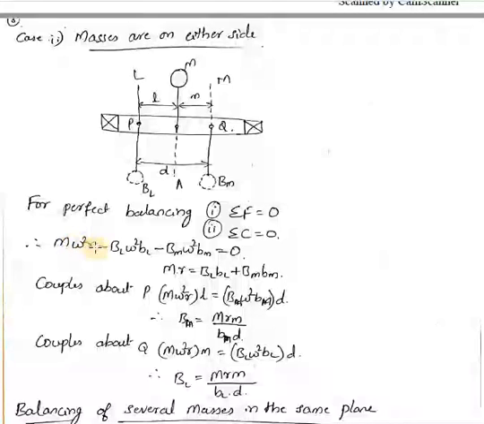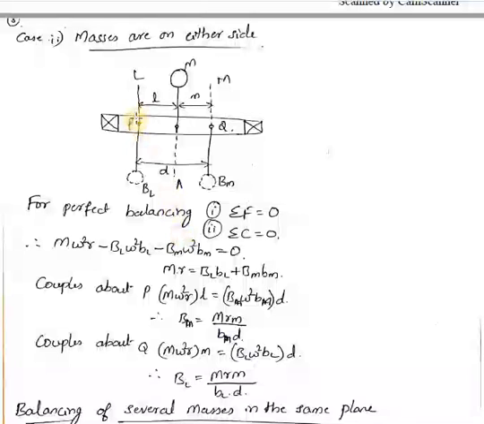In the equation, M omega square r minus BL omega square bL minus BM omega square bM should be equal to 0. Here we have taken a negative sign for these two because they are on different sides, so the direction is opposite. But in the first case we took it only for BL because that was in the other plane. That is the reason I took that force in the opposite direction. So M r equals BL bL plus BM bM.